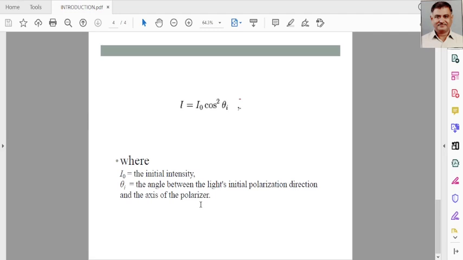Friends, in examination, for multiple choice questions, they can ask what Malus's law states, and at that time we have to keep in mind this relation, that is I equals I0 cos square theta i, where I0 is the initial intensity, theta suffix i is the angle between the light's initial polarization direction and the axis of the polarizer.